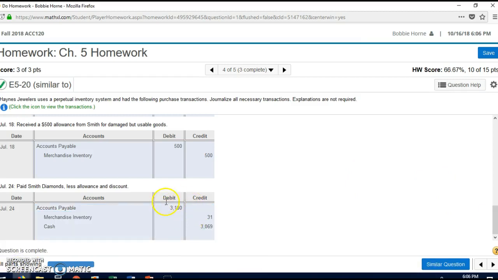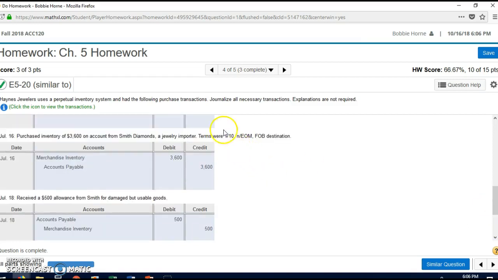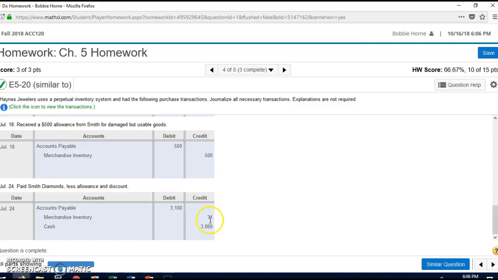So I went ahead and did this to save time, but we are going to credit inventory for the amount of the discount, which is $3,100 times 0.01. Here's where you get the 1%. So we need to reduce inventory by the discount because right now inventory is on our books at $3,100, what we owe for the inventory.